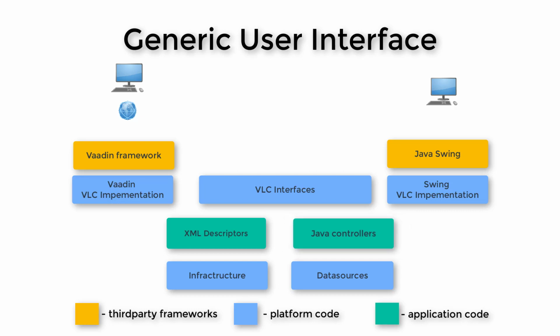The code of application screens included in the GUI module interacts with visual components interfaces implemented separately in the web and desktop modules of the CUBA-based project. For web client, the implementation is based on the Vaadin framework, for desktop client on the Java Swing framework.